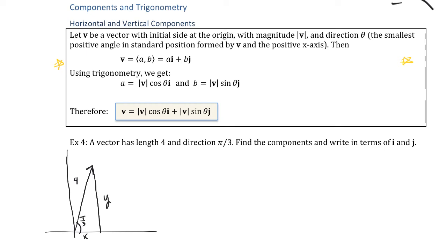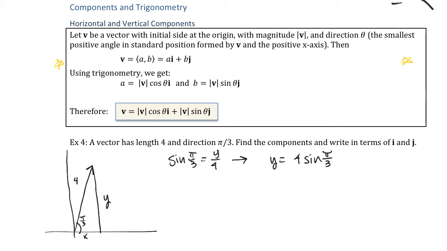Using trig, we know that the opposite over hypotenuse is sine, so it would be y over 4. And then we could solve that, multiply both sides by 4, and it would give us that y is equal to 4 sine of pi over 3.